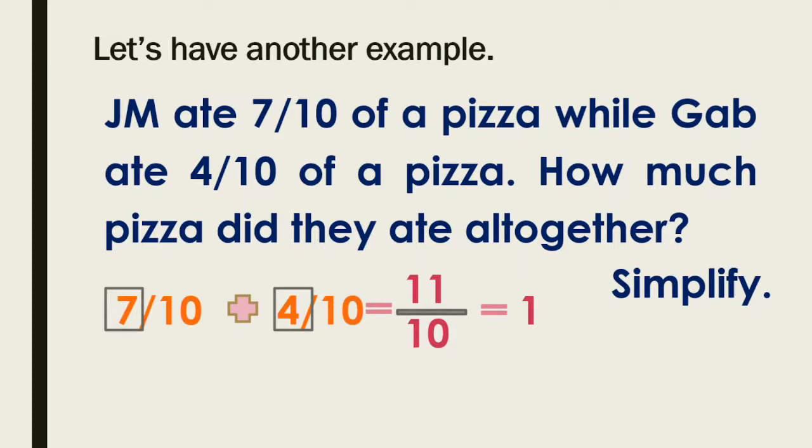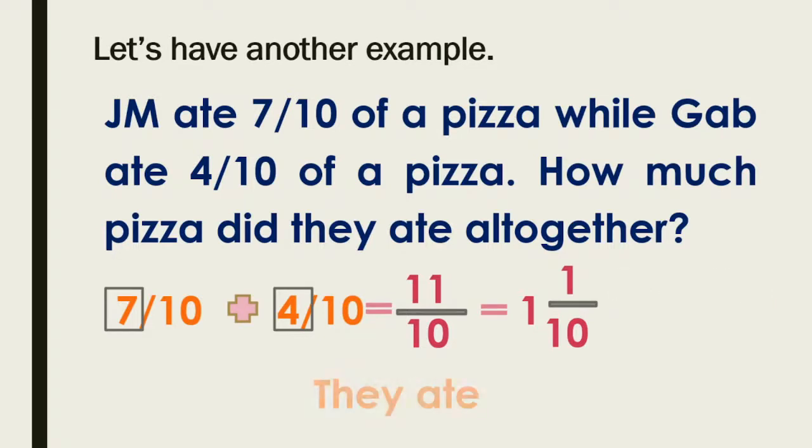And 11 minus 10 is 1 over 10. So that is 1 and 1/10, and that will be our final answer. They ate 1 and 1/10 of the pizza. So isang buong pizza at isang piraso na hinati sa 10. Okay?